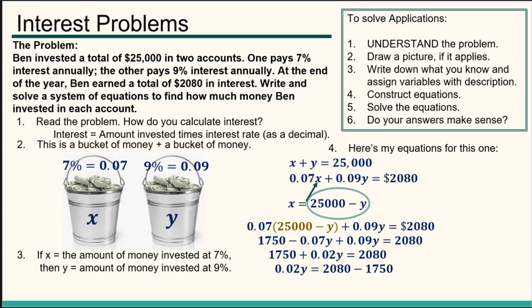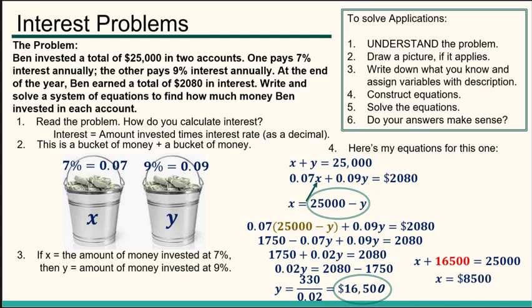Then I'll divide both sides by 0.02, and I'll get that y equals $16,500. All right, that's an answer. That's the amount of money in bucket y. I need the amount of money in bucket x. So x plus 16,500 equals 25,000. Subtract 16,500 from both sides. You'll get that x is 8,500.